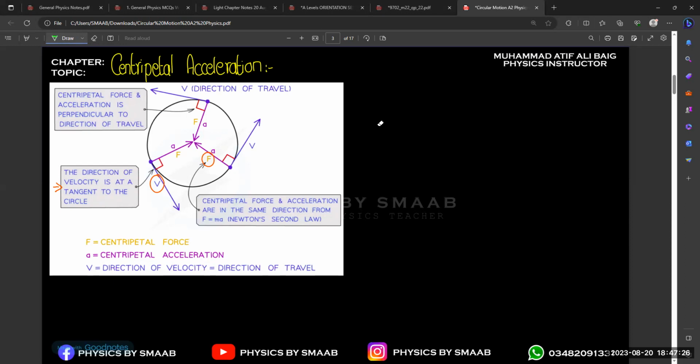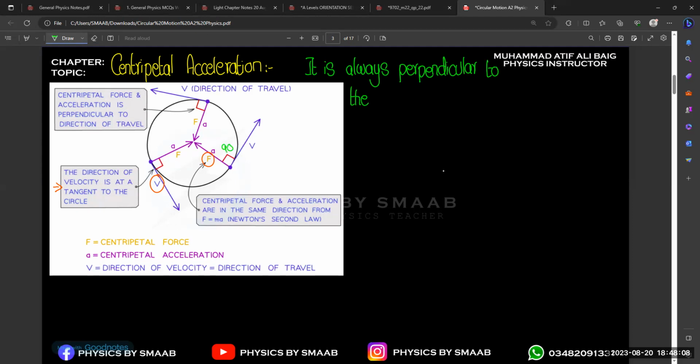Okay, and the centripetal acceleration is always perpendicular to the direction of, you can identify from the diagram that it is completely perpendicular to what?